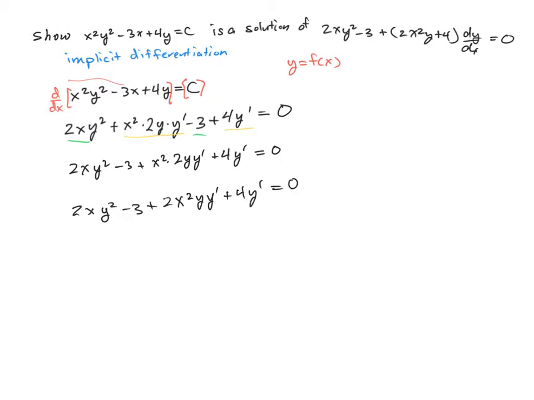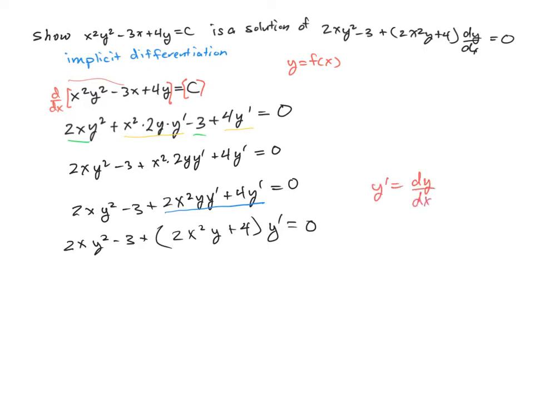And you notice that third and fourth term, they both share a common y prime, so we can factor that out. And when you do that, you're going to have a 2x squared y plus 4 times y prime is equal to 0. And believe it or not, we're actually very, very close, because remember that y prime in the Newton notation is the same thing as dy dx in the Leibniz notation.